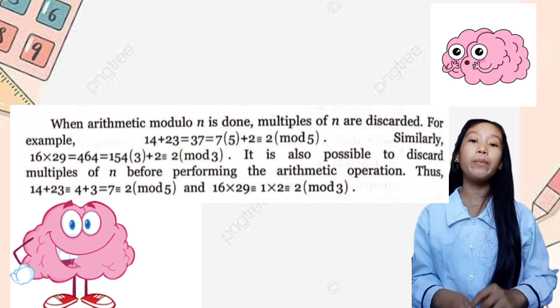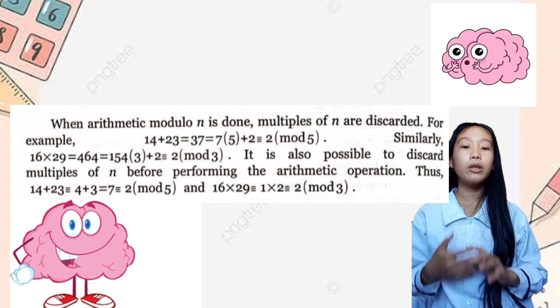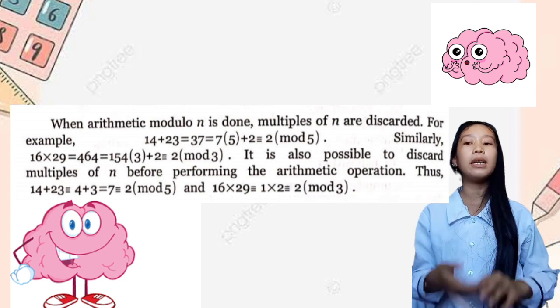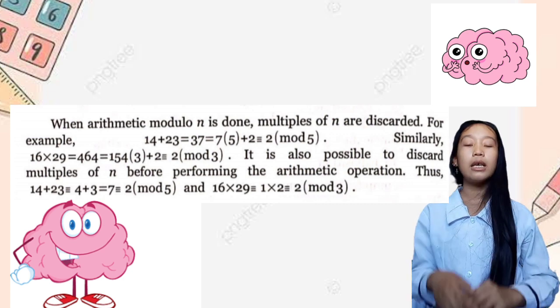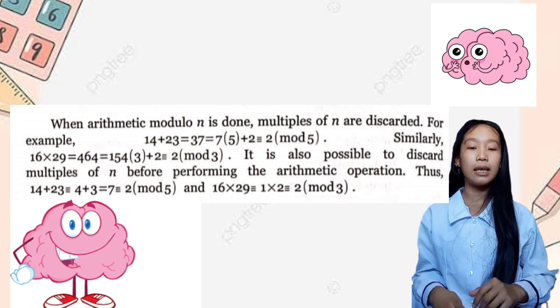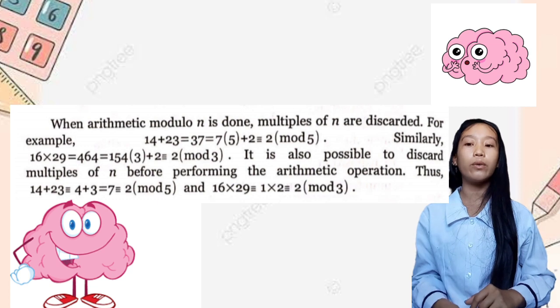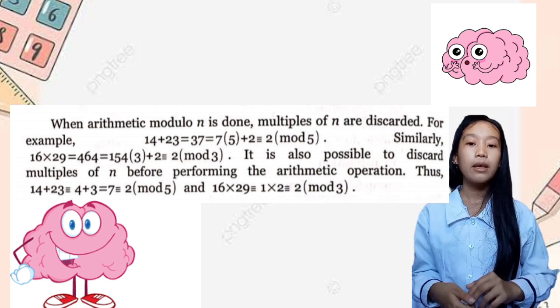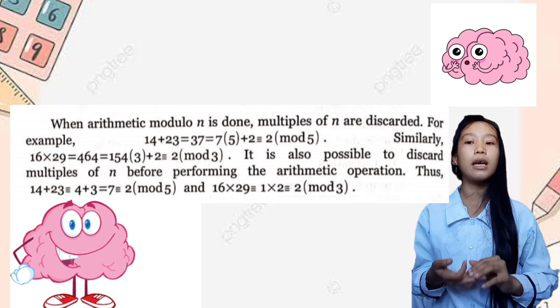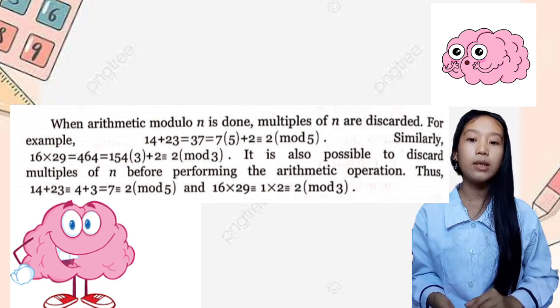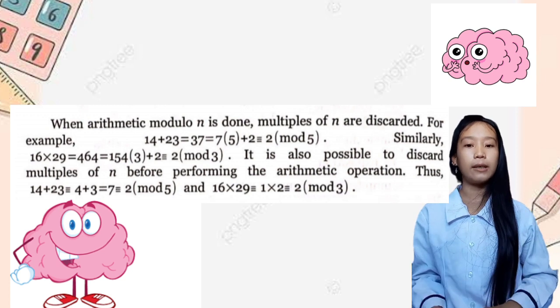It is also possible to discard multiples of n before performing the arithmetic operation. Thus, 14 plus 23 is congruent to 4 plus 3, which is equal to 7, which is congruent to 2 modulo 5. And 16 times 29 is congruent to 1 times 2, which is congruent to 2 modulo 3.